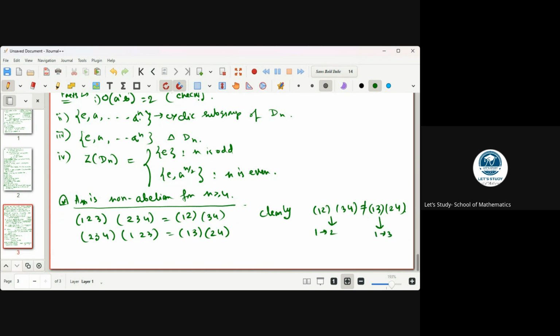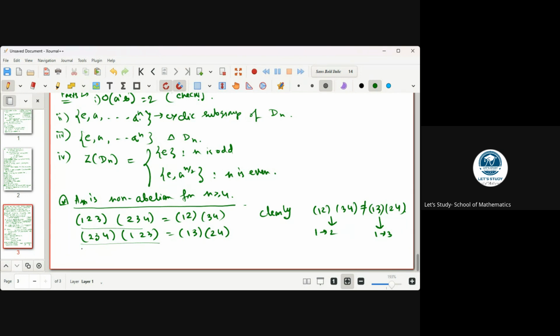The two maps being the same means every element goes to the same element, so they are identical for each point. But here 1 goes to 2 and here 1 goes to 3, so the two maps are not equal. These do not commute.